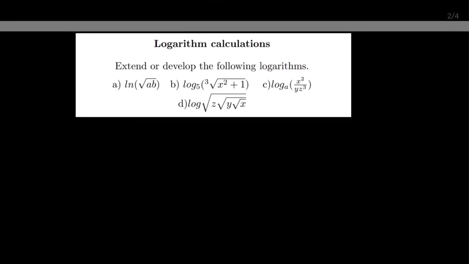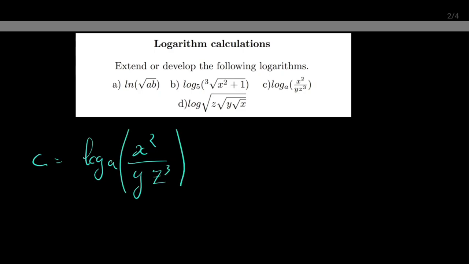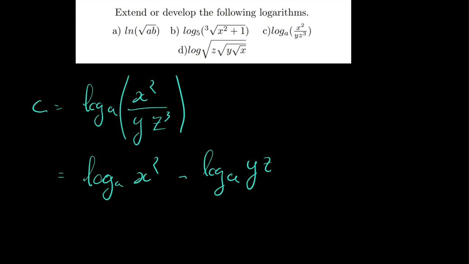Okay, perfect. Now third one, we've got C is equal to log in base a of x squared over y times z to the third power. Here we will use the third rule to say that this is equal to log in base a of x squared minus log in base a of y times z to the third power.